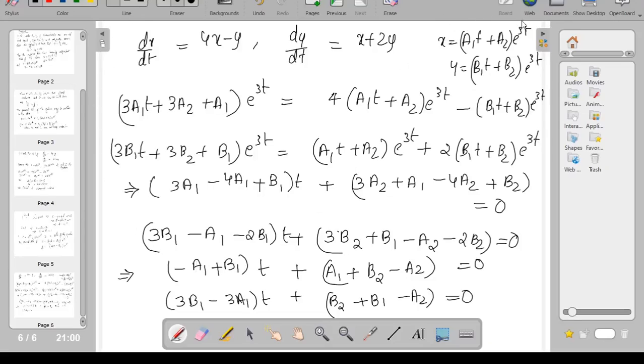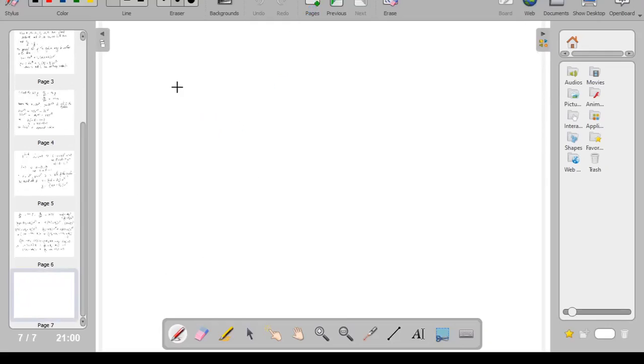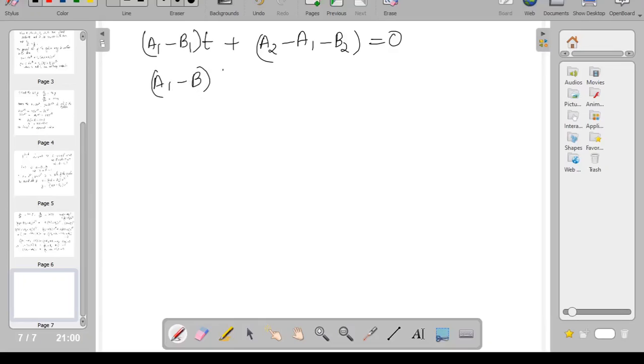Let us write the identities once again. I can rewrite it as a1 minus b1 times t plus a2 minus a1 minus b2 equal to 0, and again a1 minus b1 times t plus a2 minus b1 minus b2 equal to 0. These are the two equations we are getting.